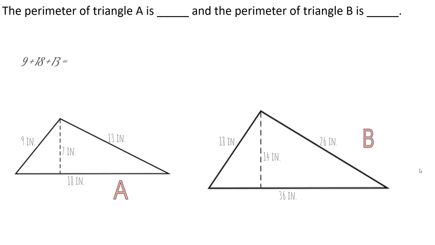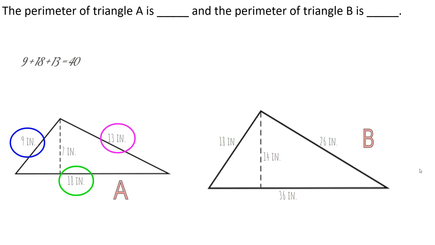The perimeter of triangle A is blank, and the perimeter of triangle B is blank. Notice for the perimeter of triangle A, we have 9 as one of the sides, 18 as another side, and 13 as the other side. These measurements added together add to 40.